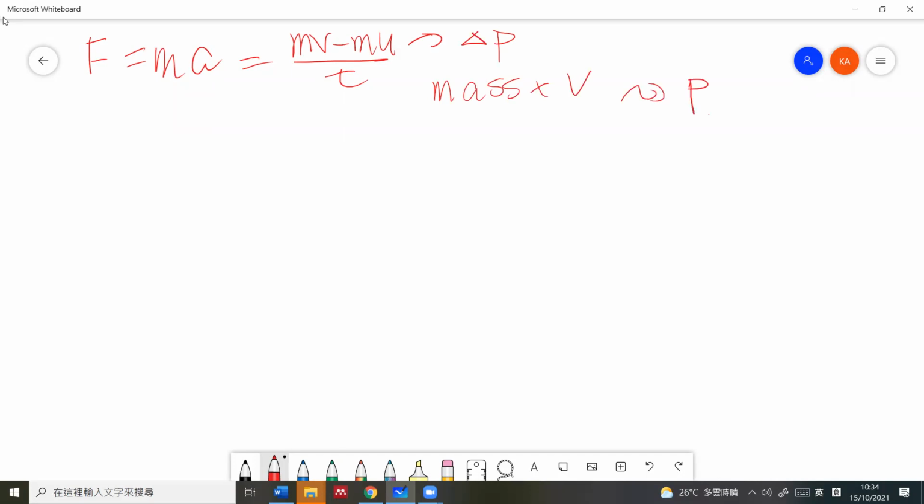Momentum is just a name, and we can use momentum to explain the situation. The main purpose for us to introduce momentum is to explain the situation. No other special functions.